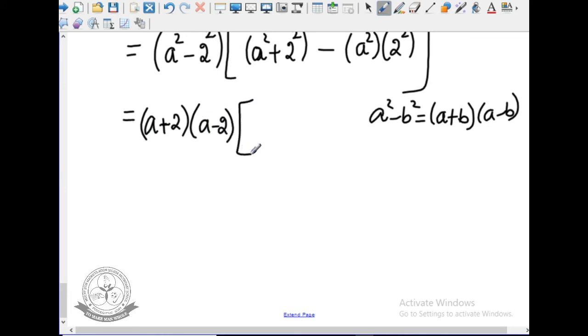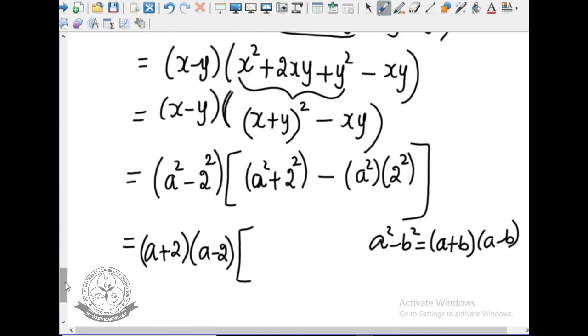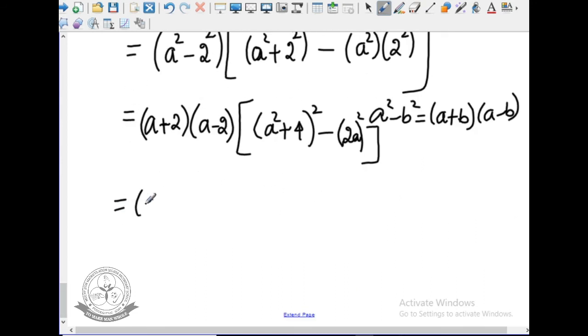Then for this term, we have a whole square. It can be written as a square plus 4 whole square minus a square into 2 square, so you can make it 2a whole square. So a plus 2 into a minus 2. Then this is a square and this is b square, so again you can use a plus b into a minus b.